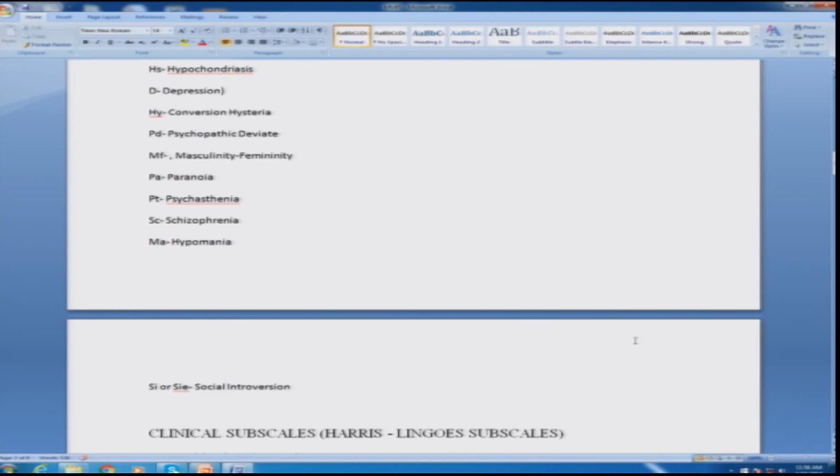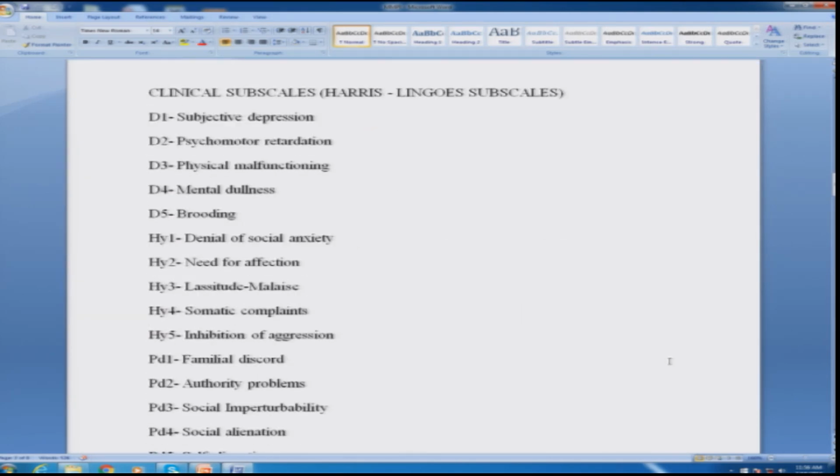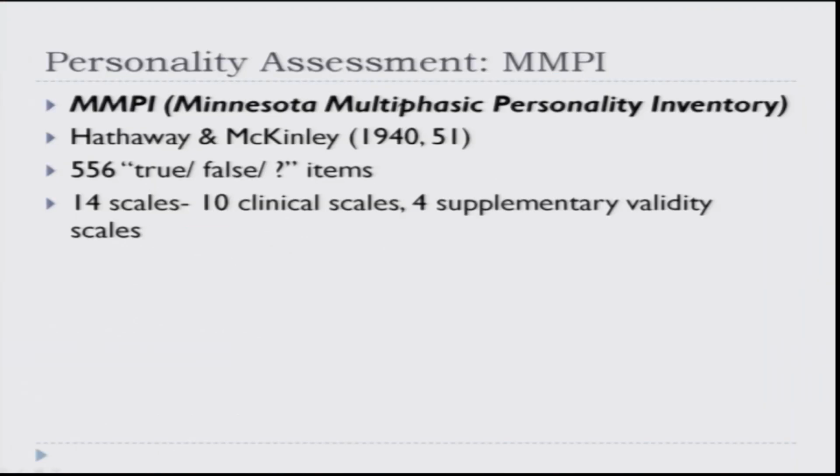The clinical subscales that MMPI measures are hypochondriasis, depression, conversion hysteria, psychopathic deviate, masculinity, femininity, paranoia, schizophrenia, hypomania, social introversion. It also measures subjective depression, psychomotor retardation, physical malfunctioning, mental dullness, brooding, denial of social anxiety, need for affection, a whole lot of characteristics that this test tries to find out.